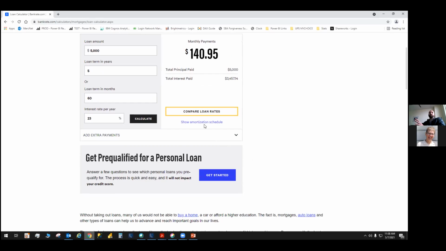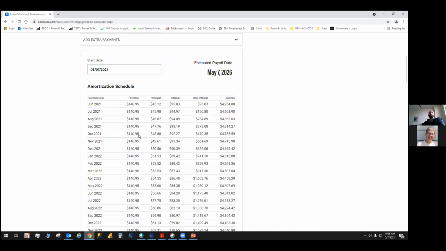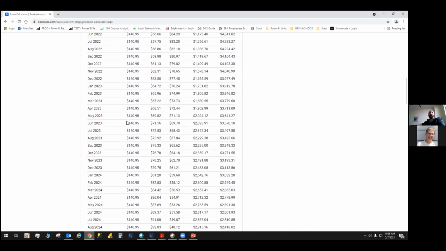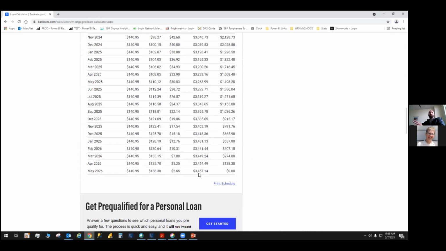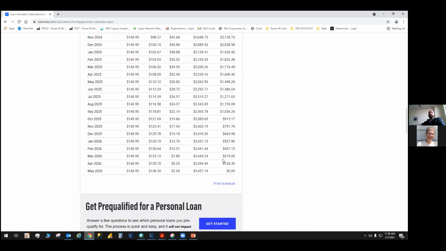The other thing that this tool does is you can hit this show amortization schedule here, and it will actually map out your payments, roughly, for the next 5 years. So you can kind of see how long you're paying, how many months, right? Until that loan gets down to a zero balance, in which case it's paid off.